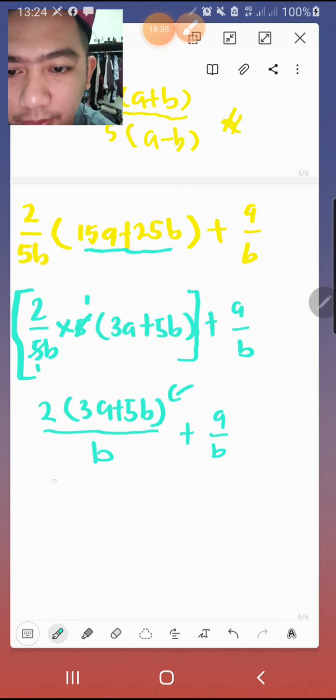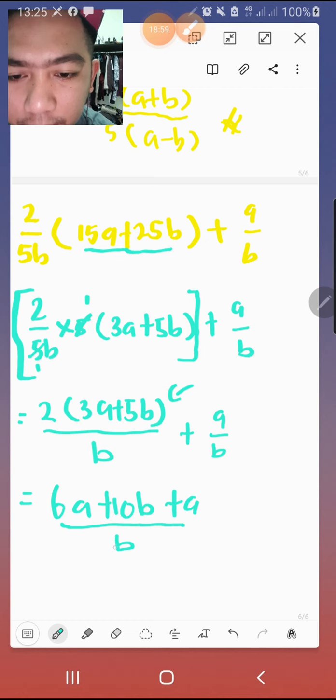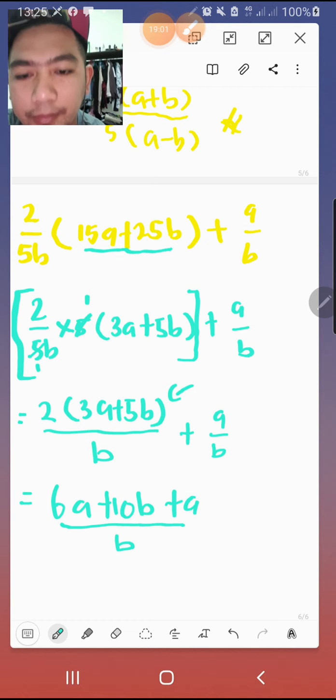So 2 times 3a, it will become 6a. 2 times 5b, it will become 10b, plus a over b. Because they have the same denominator, we write b one time only.